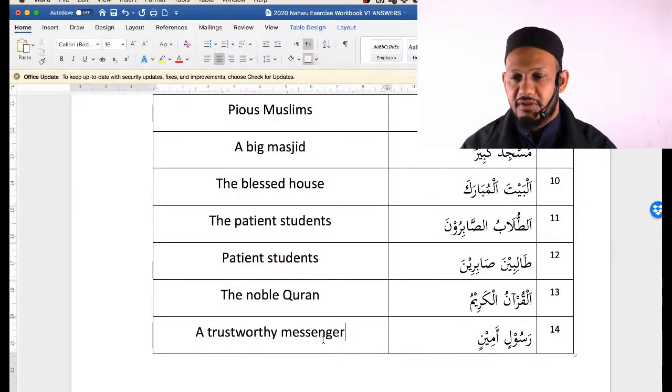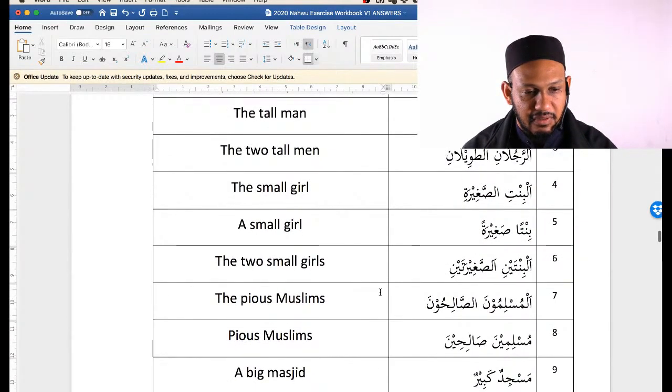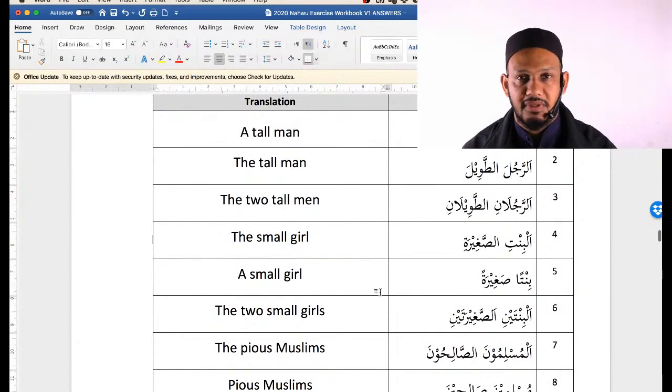What do we notice that's different about the English translation versus the Arabic text? What's different about the way we say it in English versus the way we say it in Arabic?